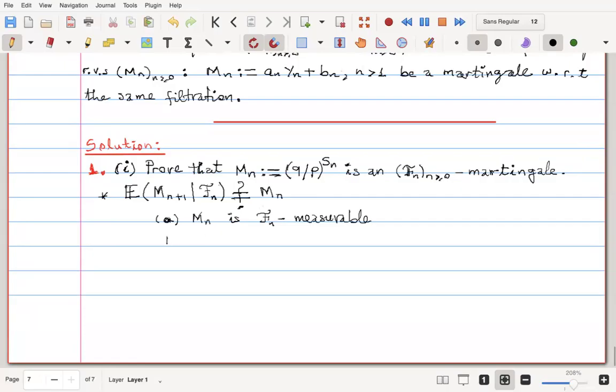The second property is that it is finite, meaning that M_n is integrable.